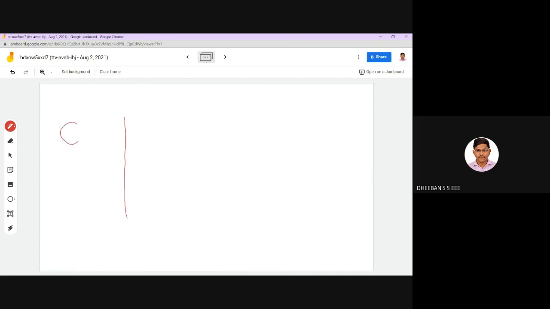You can take this as G1, and this as your bus bar 1. As per the question, your G1 and G2 are in parallel and they are connected to the same bus bar, bus bar 1. After drawing this equipment, you have to write the rating below.